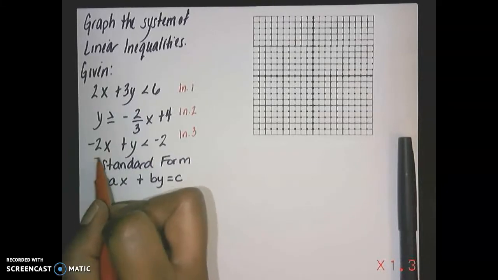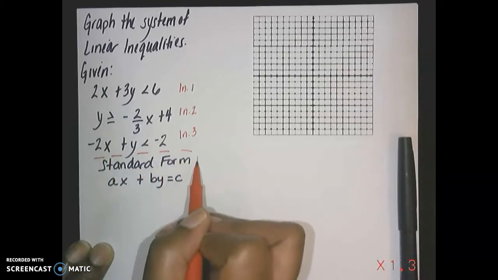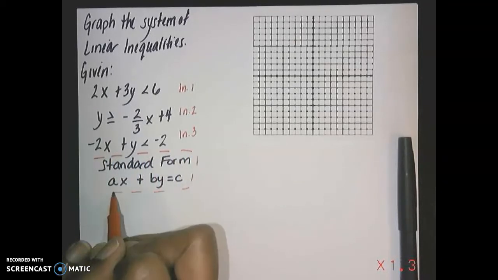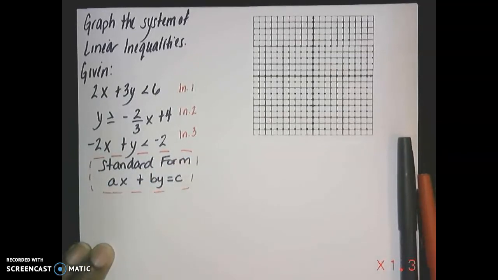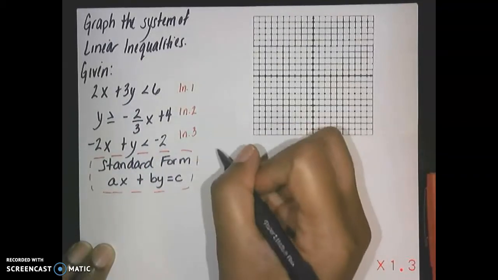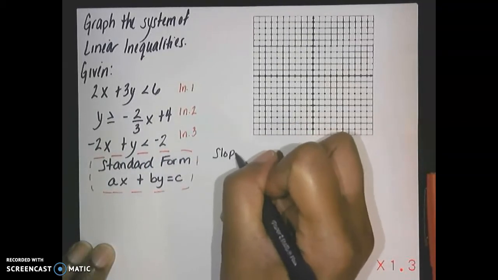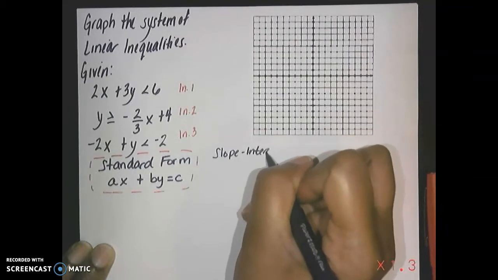So for that reason, we're saying that these are in standard form, and what we have to do is get them into a form that we like. So what we're going to have to do for equation 1 and 3 is put those into slope-intercept form.